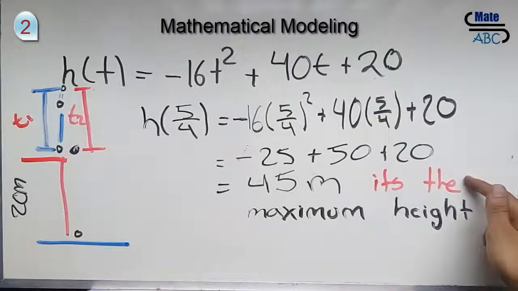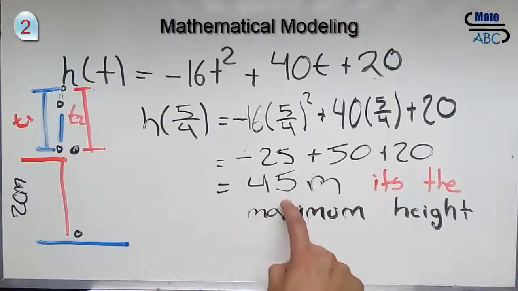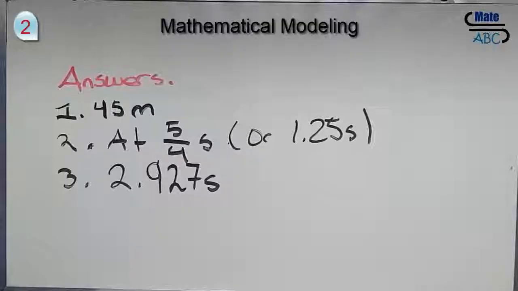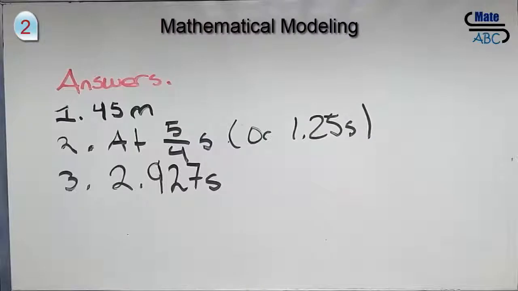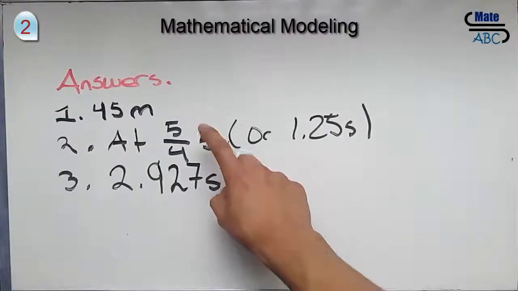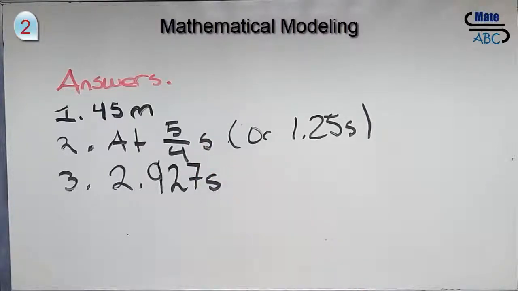Following the correct structure, we will find that 45 meters is the maximum height. So these are the answers. The maximum height is 45 meters, and it reaches it at 5/4 of a second, and it reaches it at this time.